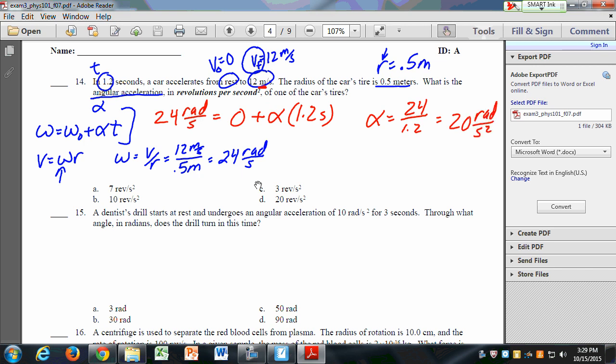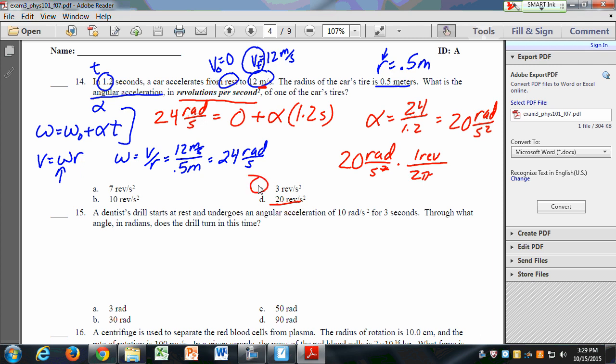But be careful, right, because it's right there, but that's not the answer, because I want it in revolutions per second squared. So now I have to do one final thing. Radians per second squared. In one revolution, there are how many radians? There are 2 pi radians. So it's 20 over 6-ish.